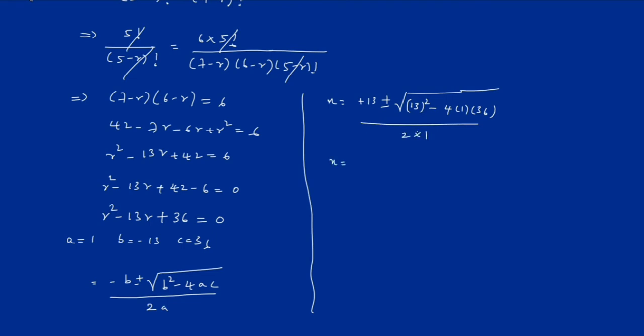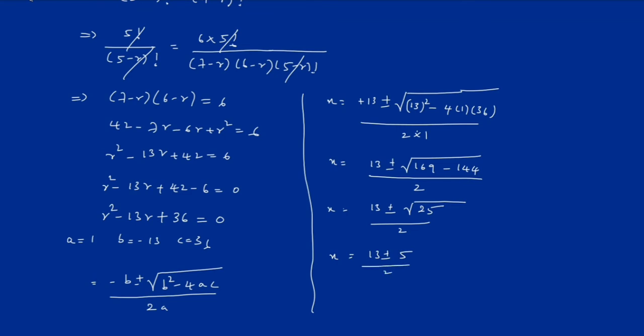So x equals 13 plus or minus the square root of 169 minus 4 times 36, which is 144, right? Whole divided by 2. Now x is 13 plus or minus the square root of 169 minus 144, which is 25, upon 2, right? Therefore x equals 13 plus or minus 5 by 2.